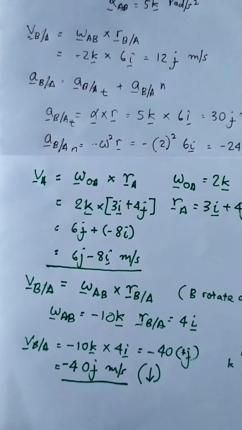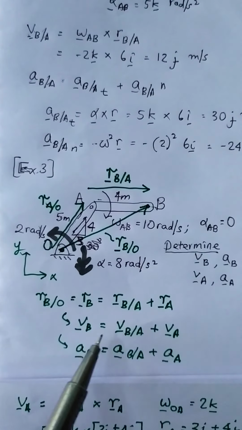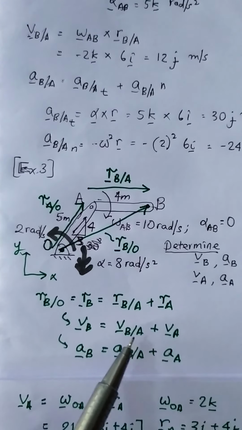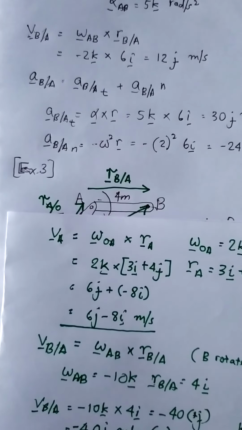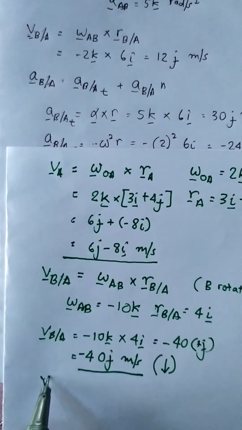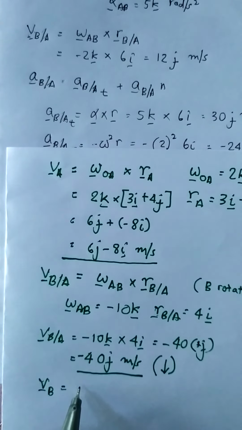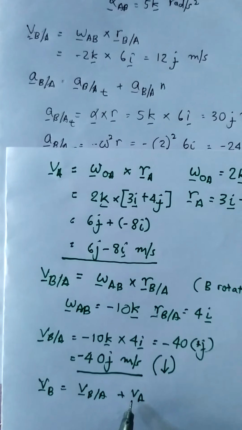So we now look back at the velocity equation: VB equals VB relative to A plus VA.